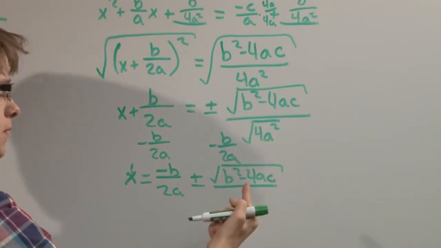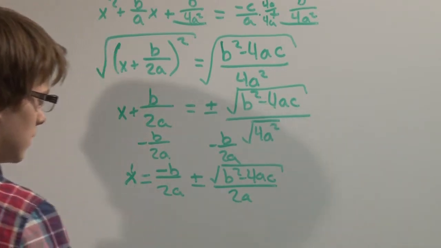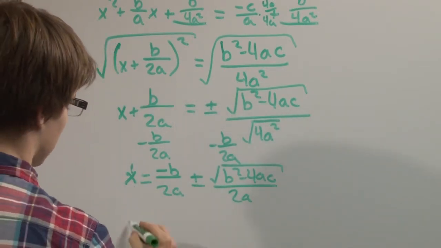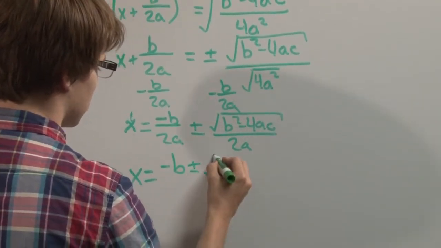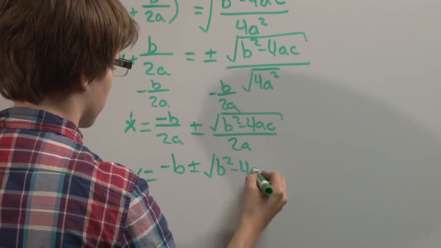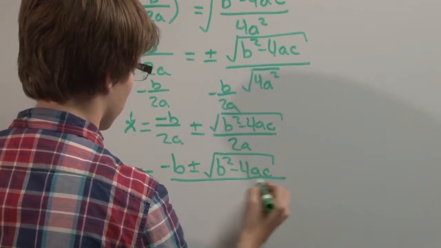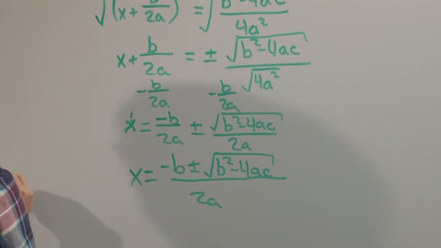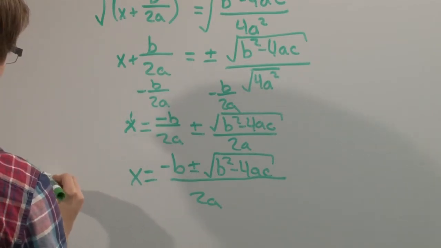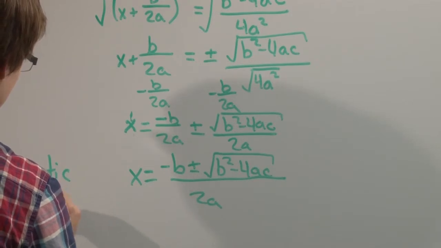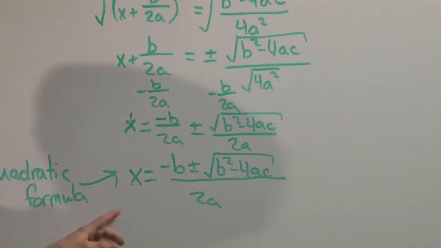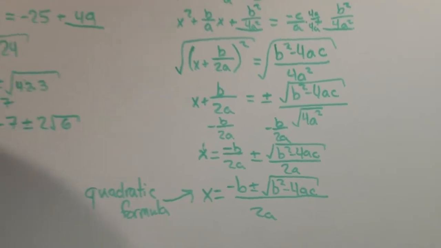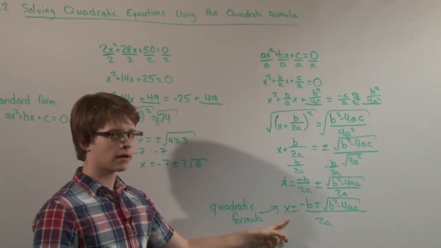Well, 4a squared is a perfect square, so you can write 2a. These two things happen to be common denominators, so now we can rewrite this as x equals negative b plus or minus the square root of b squared minus 4ac all over 2a. And this is our quadratic formula. And so we can use this equation given any quadratic equation that looks like this to get values for x.